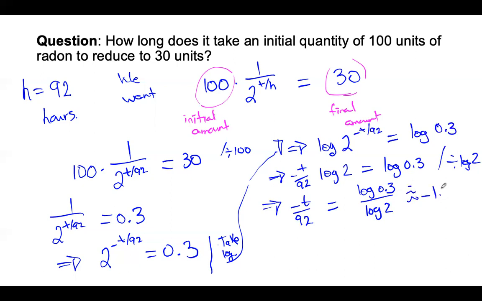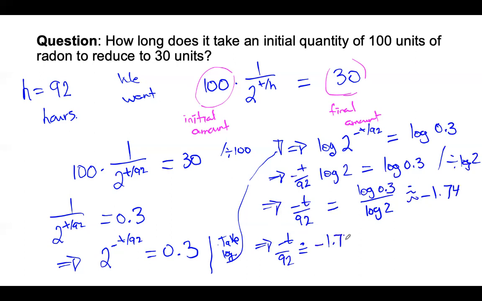Negative 1.74 is this value. This implies negative T over 92 is approximately negative 1.74. That's why I can put two lines and a dot or two squiggles to mean approximate. Your choice.